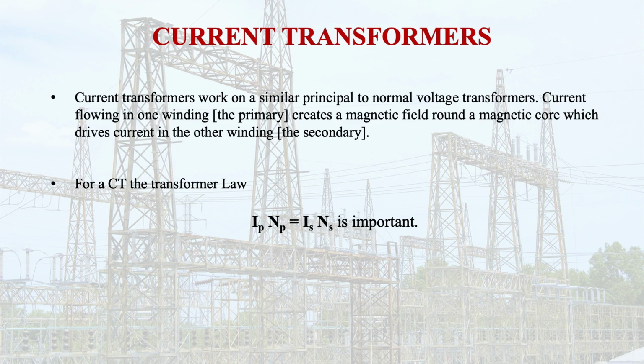For a CT, the transformer law is that IP upon IS, the current in the primary divided by the current in the secondary, is equal to NS upon NP, the number of turns in the secondary divided by the number of turns in the primary, or IP NP is equal to IS NS.